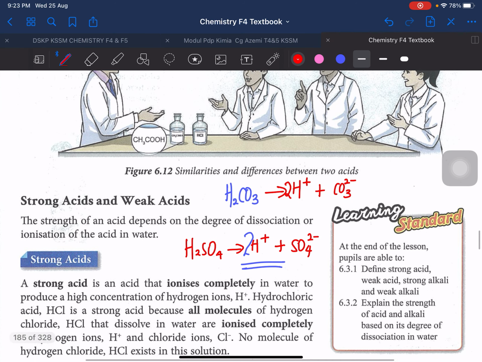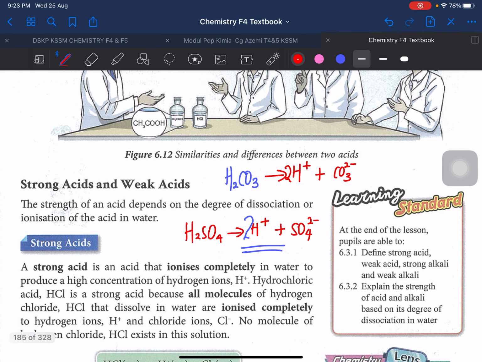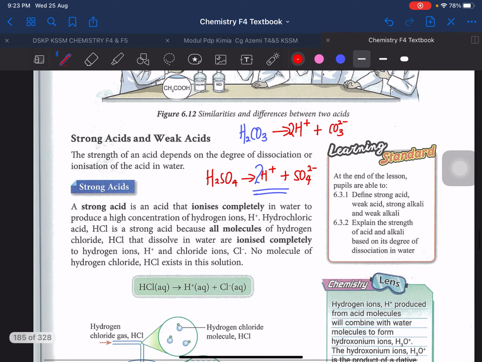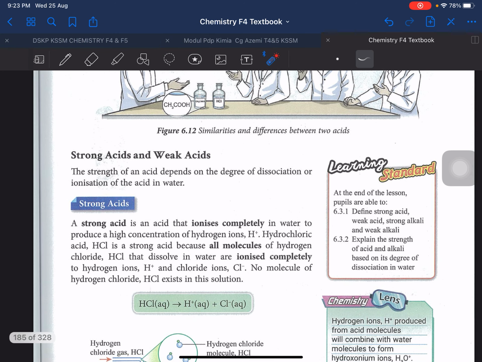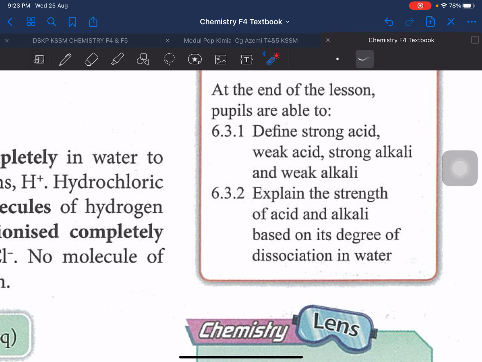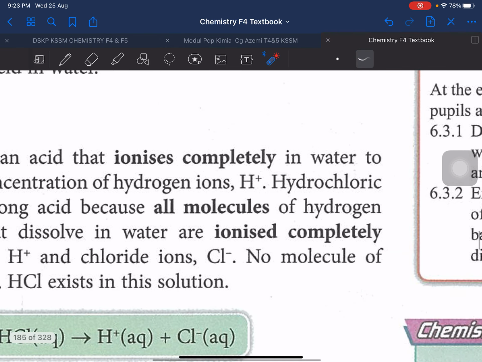Alright, so let us look at the topic that we are going to learn now. It's about strong acid and also weak acid. Ada dua jenis acid, acid yang kuat dan juga acid yang lemah. So in this lesson, you will be able to define strong, weak, acid and alkali.